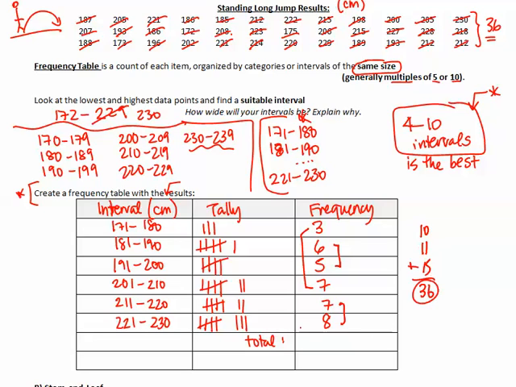Because I have a total of 36, I know that at least my count is correct. I could go back and check all of my answers to make sure the numbers are correct as well, but this is basically a frequency table. So hopefully you understood this lesson.